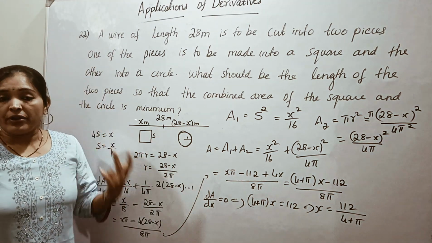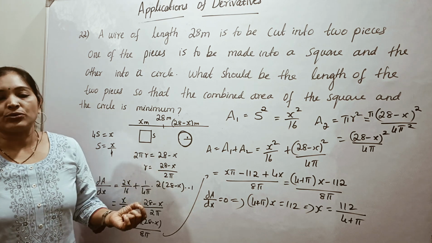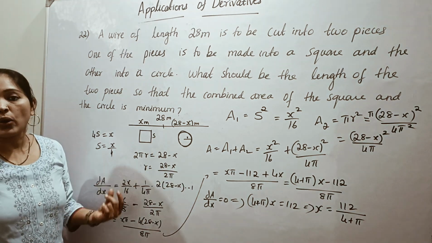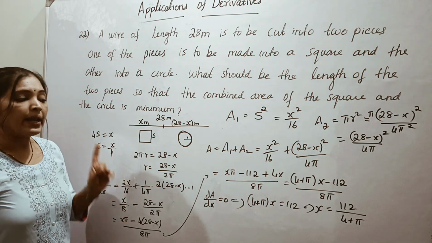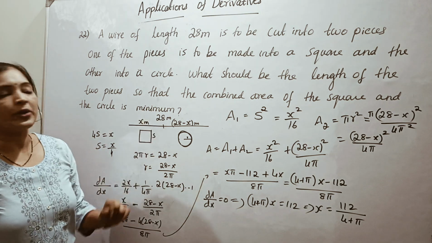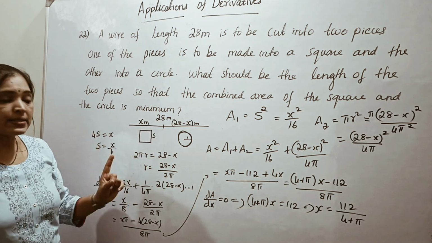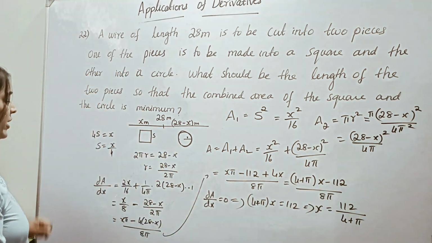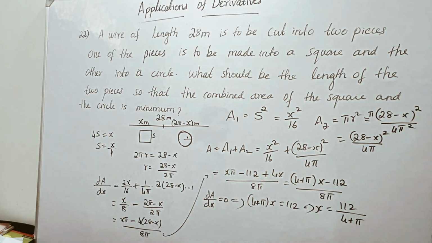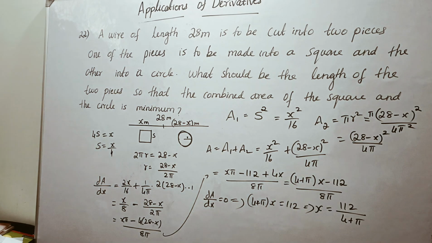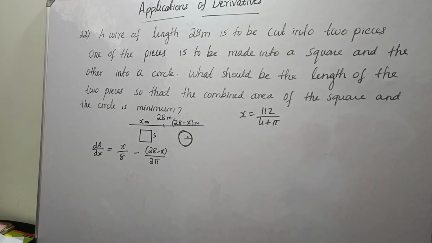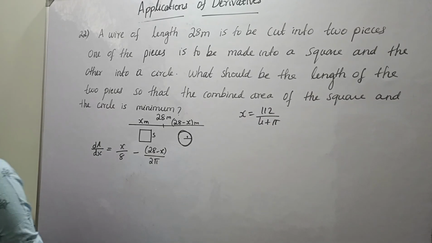Then we have to find the second derivative, that is d square A by dx square. We should get d square A by dx square greater than 0, because minimum, right? So greater than 0 when x is equal to this one. Now let's find d square A by dx square.